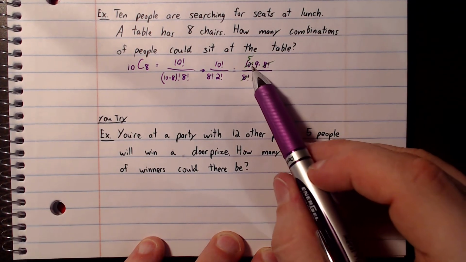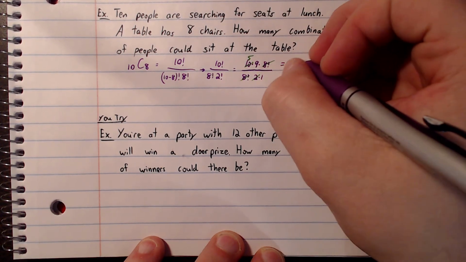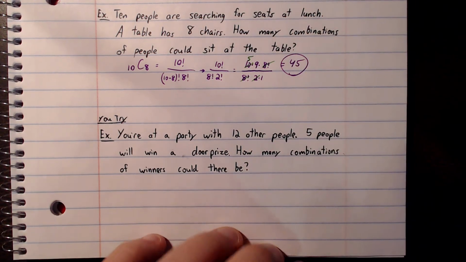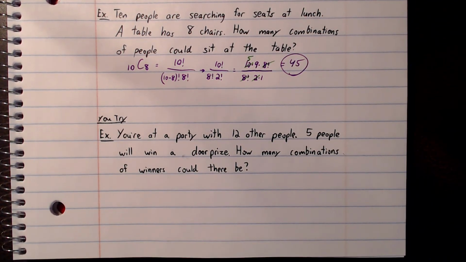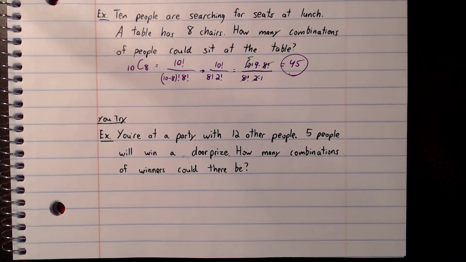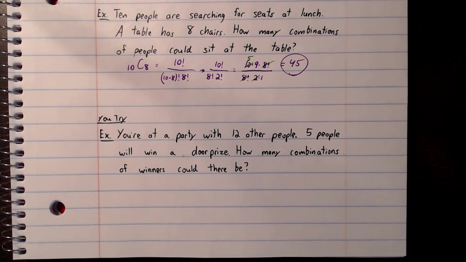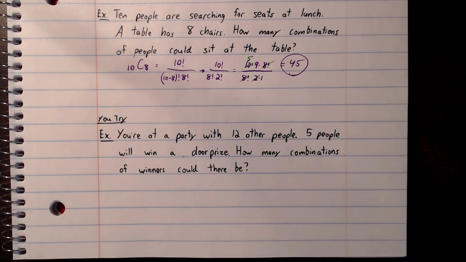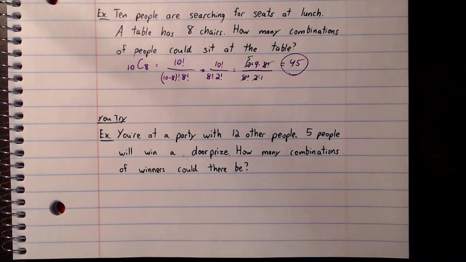So 5 times 9 on top is 45, just 1 on bottom. So there's 45 different combinations of people that could sit at that table. Okay, so you got 10 people standing around, 45 different combinations of who could be sitting at that table. Because remember, it doesn't matter where you sit at the table, it's just the fact that you get a seat there.